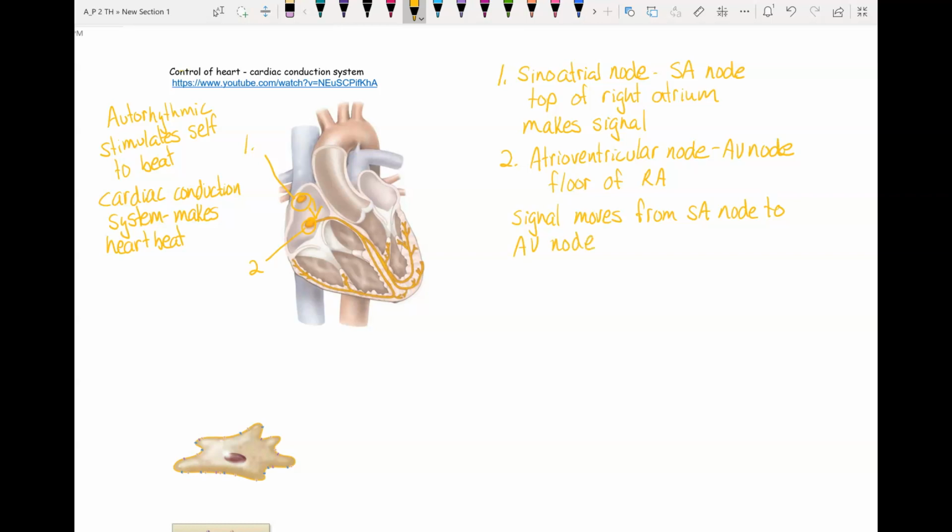Remember those gap junctions that connect all the muscle cells and allow them to share ions? The signal spreads through those gap junctions.